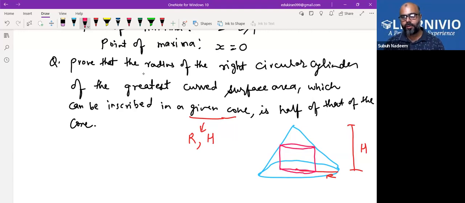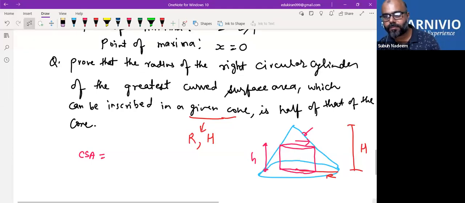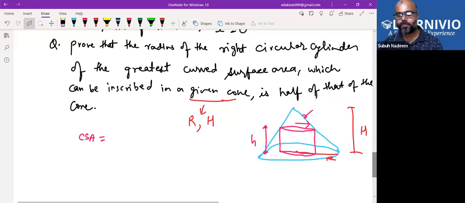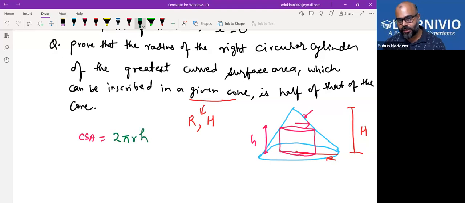Suppose this cylinder has a height small h and a radius small r. So what is the curved surface area of the cylinder? Do you remember the formula of the curved surface area of the cylinder? It is 2 pi rh, isn't it?